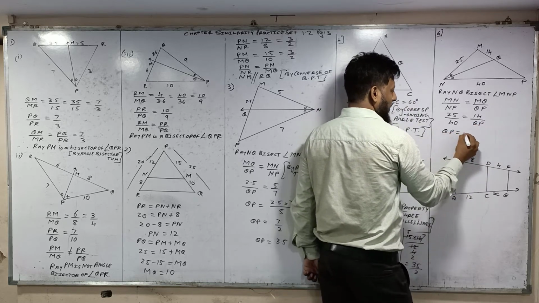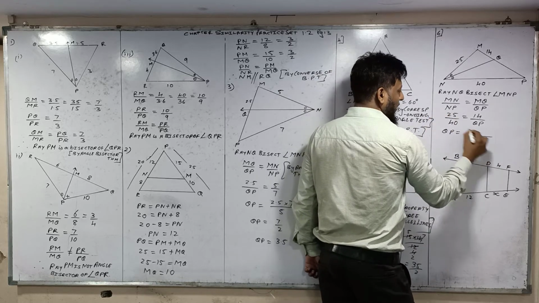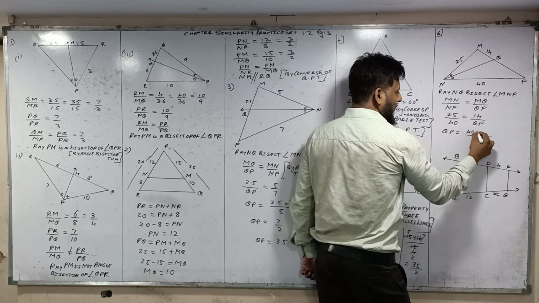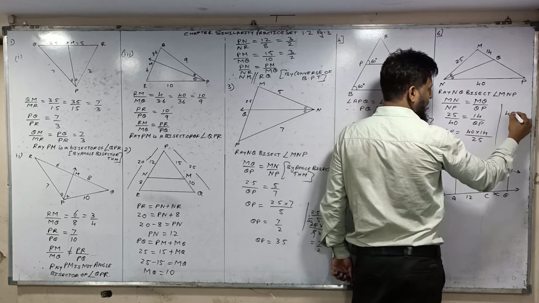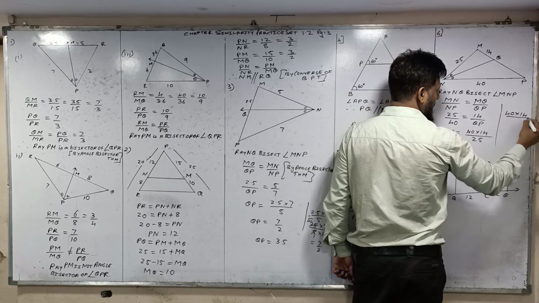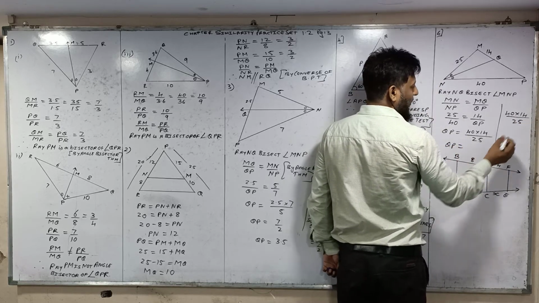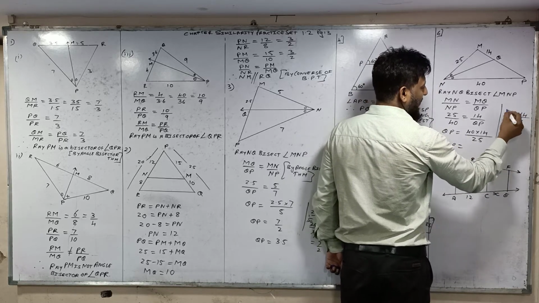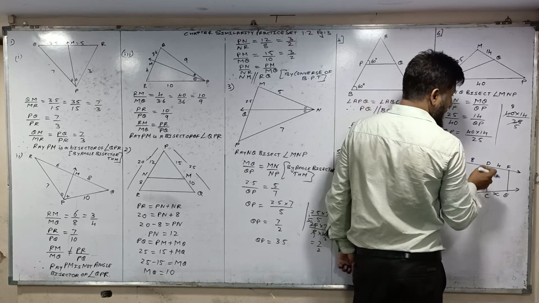QP is equal to, cross multiply, 40 multiplied by 14 upon 25. Do the cancellation in rough work. 5 5s are 25, 5 8s are 40.